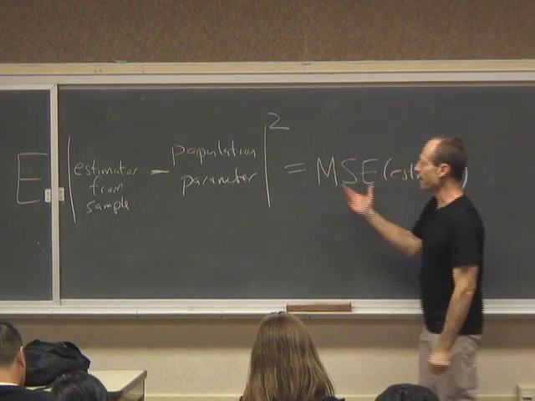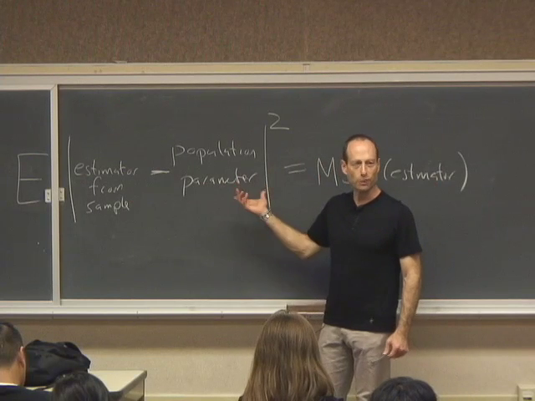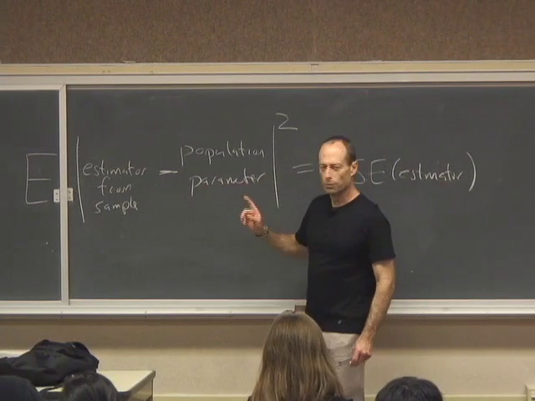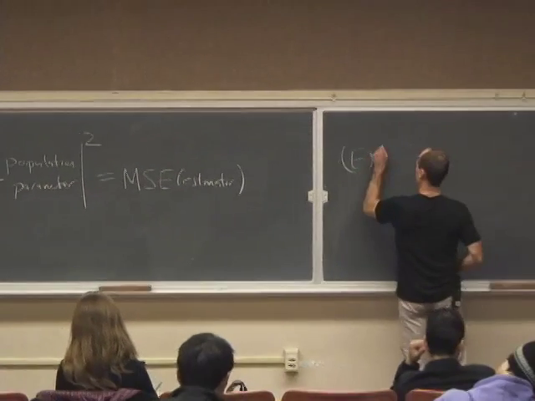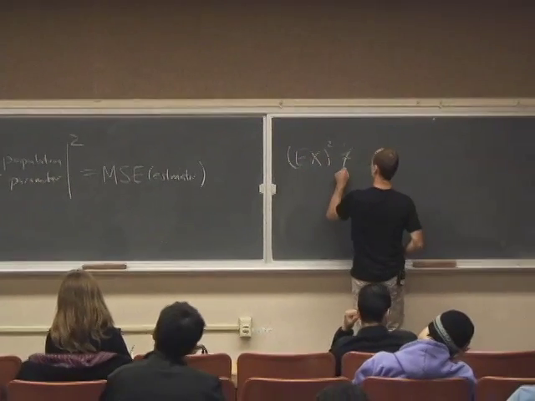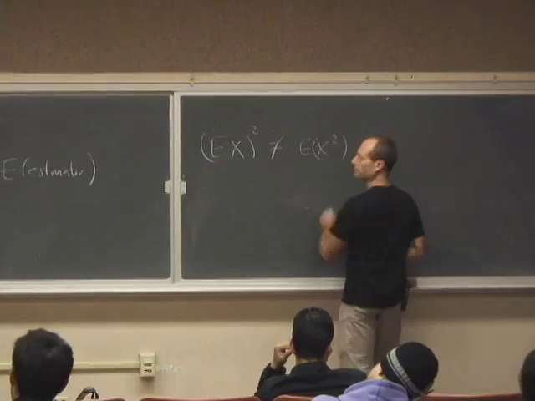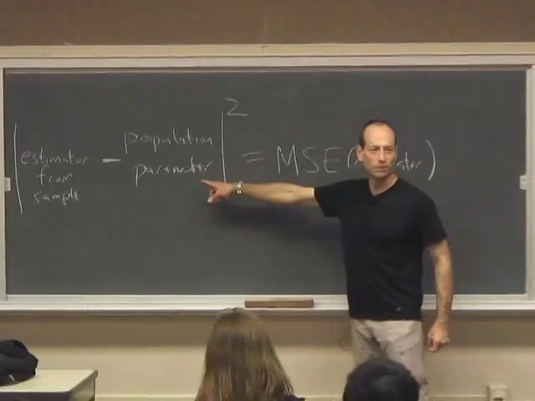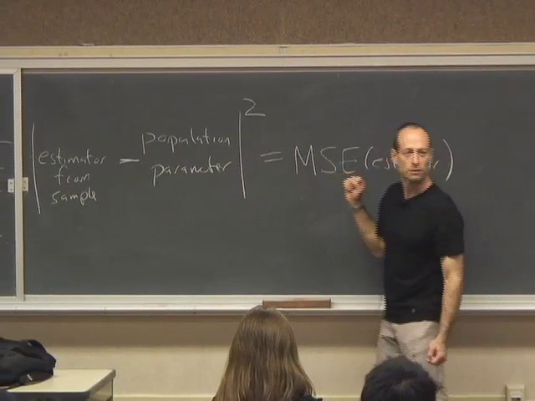It's the expected value of the square of the difference between the estimator and the thing it's trying to estimate. Remember that the expected value of X squared is generally not equal to the square of the expected value of X. This is not the same as the square of the expected value of the absolute value; it's the expected value of the square.